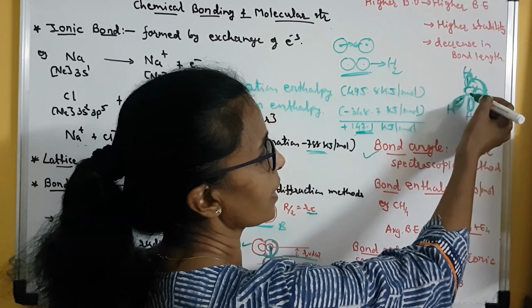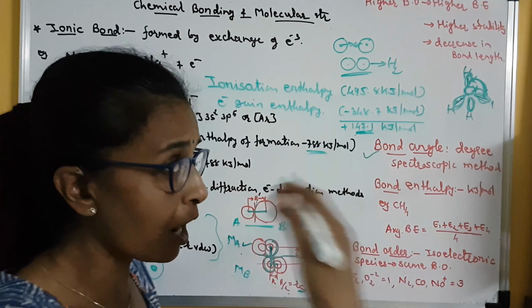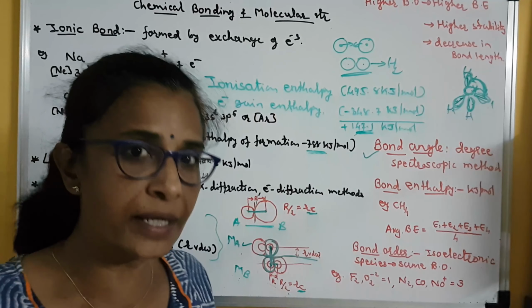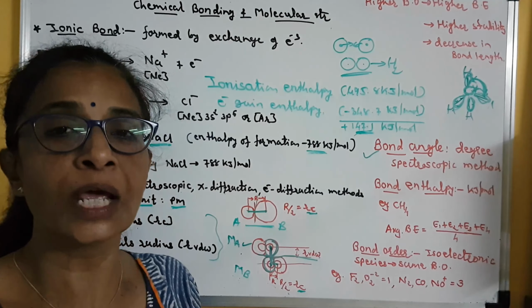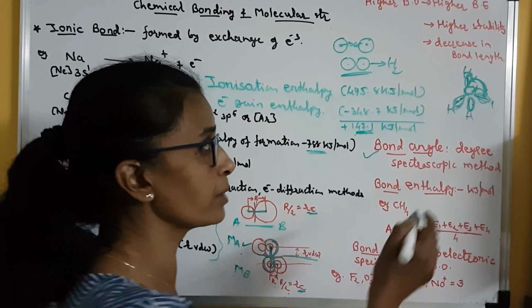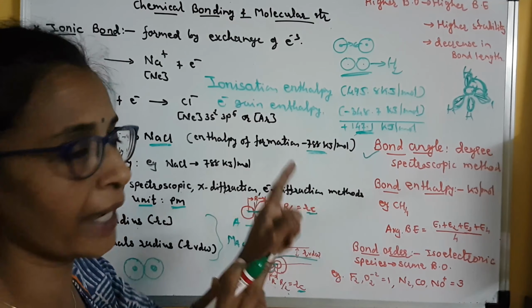As you can see here in the methane molecule, carbon is the central atom around which these 4 bonding orbitals are tetrahedrally arranged, and so the resulting shape of the methane molecule is tetrahedral. Clear? So the geometry or the shape of the molecule can be decided on the basis of bond angle.